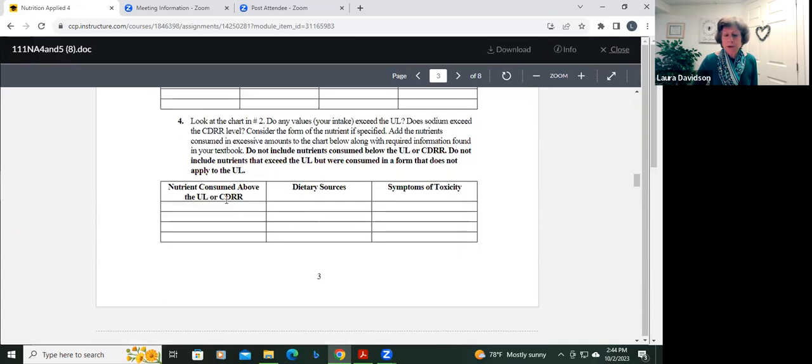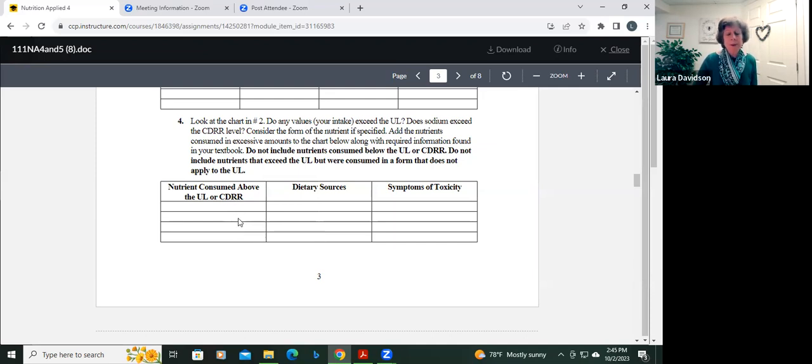So when you're looking at this chart, it's not uncommon for students to have nothing in here. They didn't exceed any ULs or the CDRR for sodium. That's not unusual. The most common are probably sodium. A lot of us eat more than the CDRR for sodium, 2,300 milligrams.